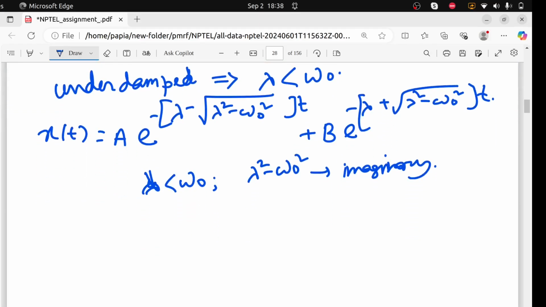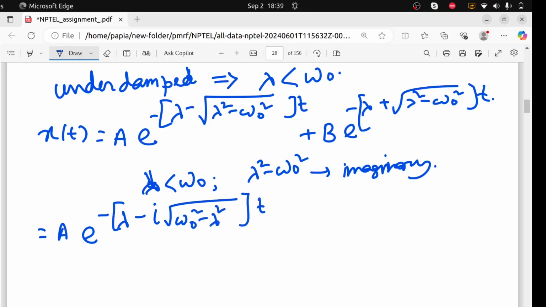So I can write it like a e to the power minus lambda plus i times root over omega 0 square minus lambda square into t, plus b e to the power minus lambda minus i times root over omega 0 square minus lambda square into t.